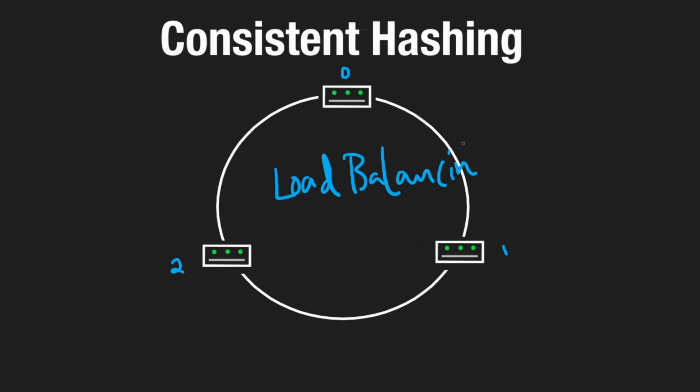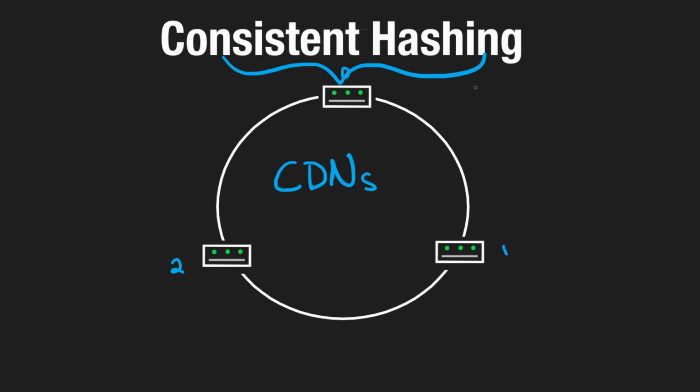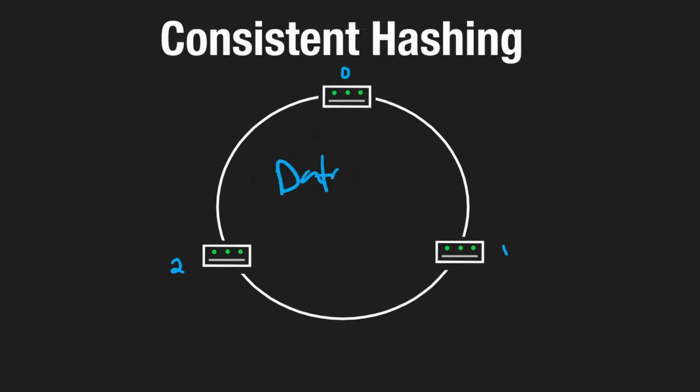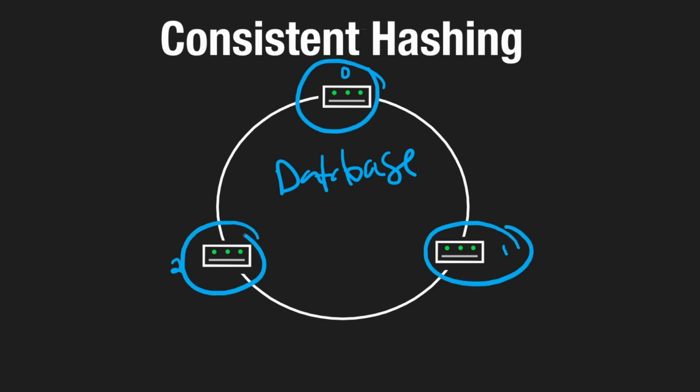There are other cases where it can be helpful. One example we talked about is CDNs. You can imagine that routing requests to different CDN servers, we would in some cases want to keep that consistent. So consistent hashing is also used to route requests to CDNs. It's also used heavily in databases, which we haven't talked a lot about yet, but imagine that instead of these being servers, these are actually database nodes.